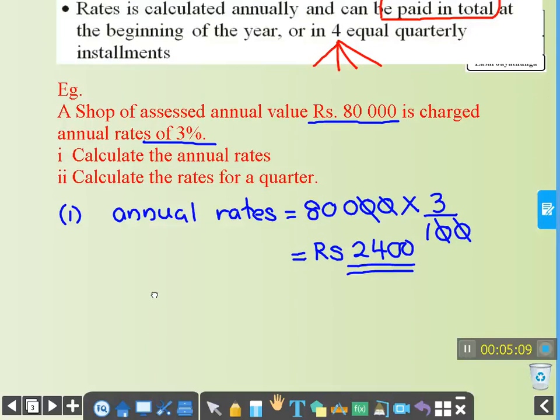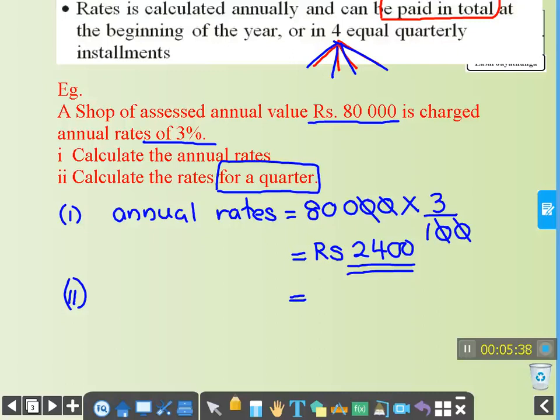Right, look at the part 2 question here. In part 2 question, they are asking, calculate the rates for a quarter. Earlier I told you that you can pay these rates in 4 installments. 1, 2, 3, 4 installments. They are asking what is the value of 1 installment for a quarter. So what is the amount of 1 quarter that you have to pay?